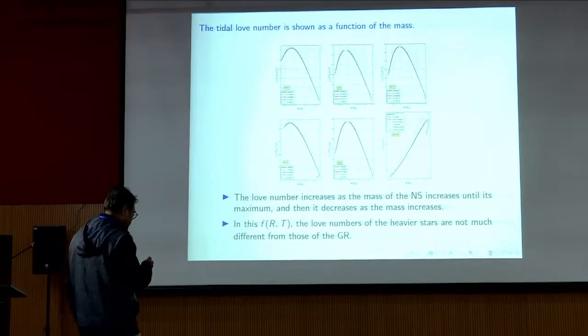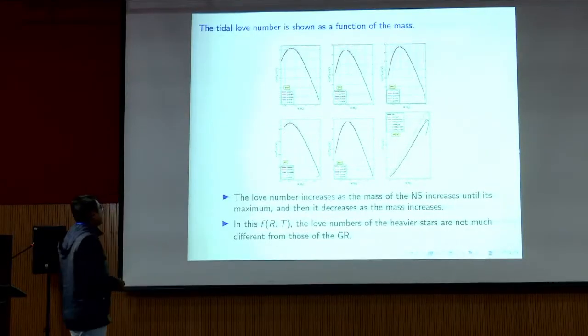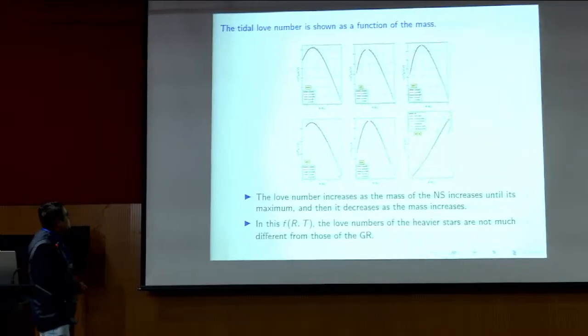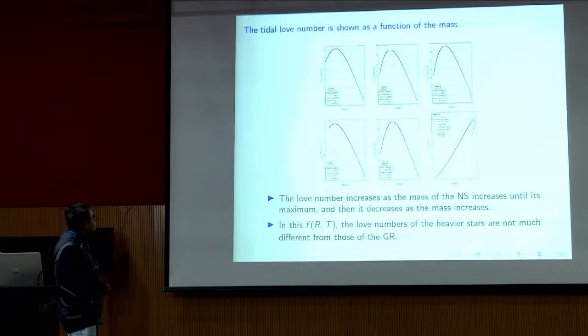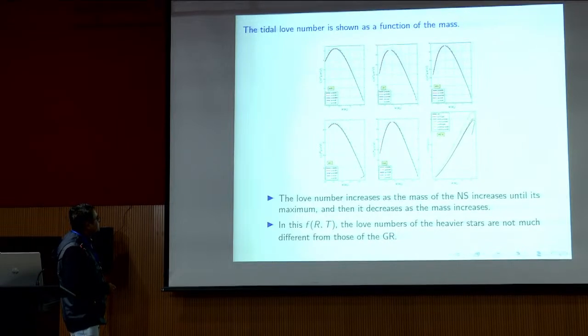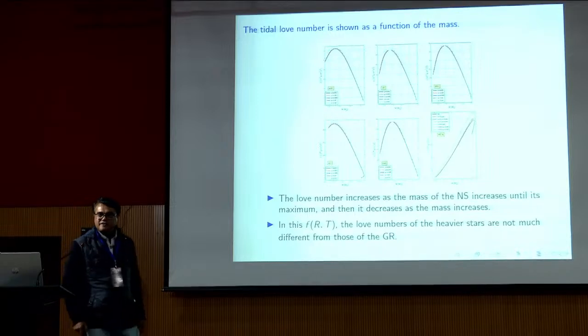Actually, this one gives a different trend. But as I mentioned, for the lower masses it increases, and after reaching the maximum it decreases. So if you enlarge it, it will look like this. Okay, but the others all look kind of the same. Yes, it is because the scaling changes. Scaling, okay.